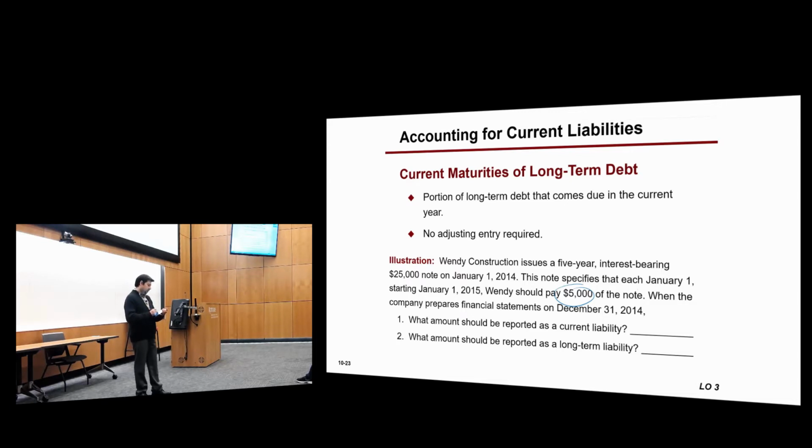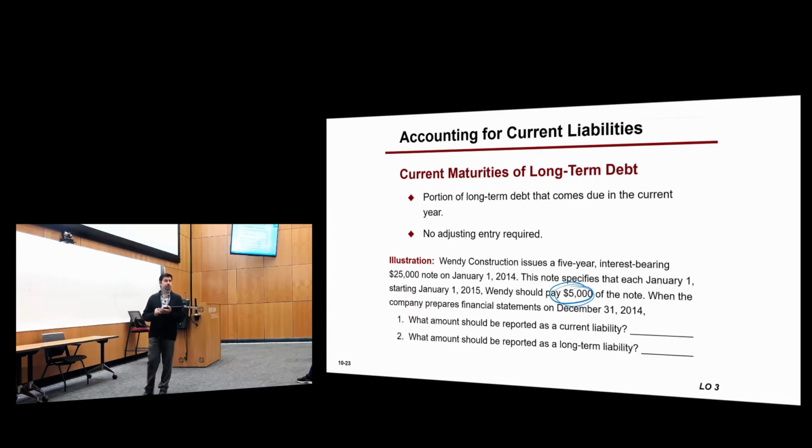The note specifies that every January, the company will have to pay 5,000. So instead of waiting until the end of the 5 years, the bank, for example, would want to receive a certain amount every year. So every year, the company will have to make $5,000 payments.